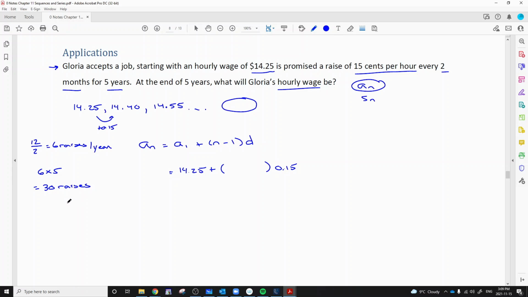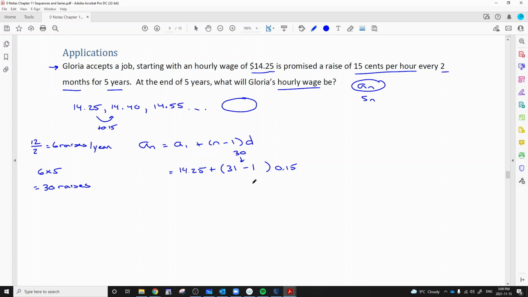Now this one's tricky. What goes in here is going to be 30. We want to add on 30 raises so that by the end of the 5 years, she started with $14.25, but she's going to get a raise after the first 2 months. So we will actually have 31 terms.